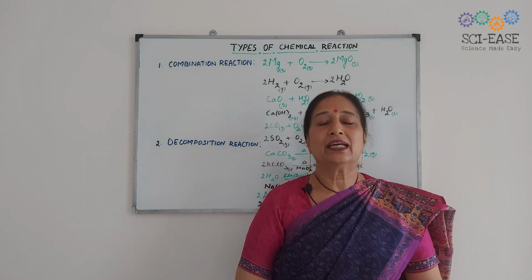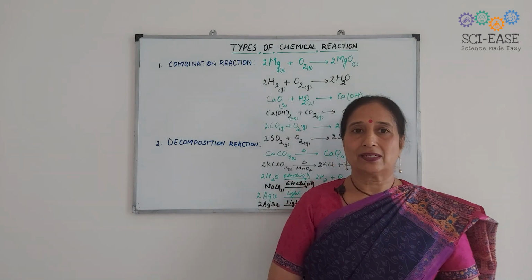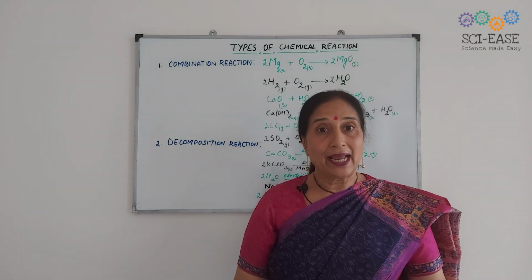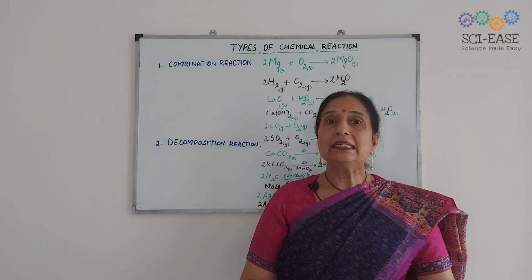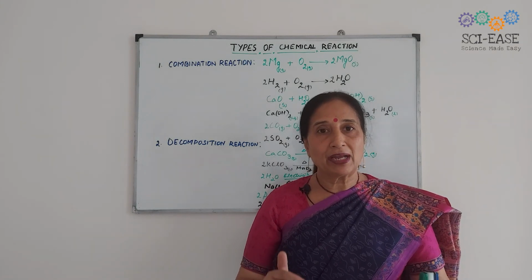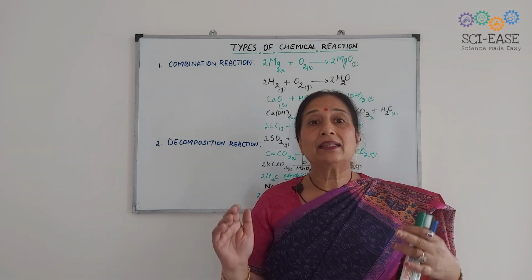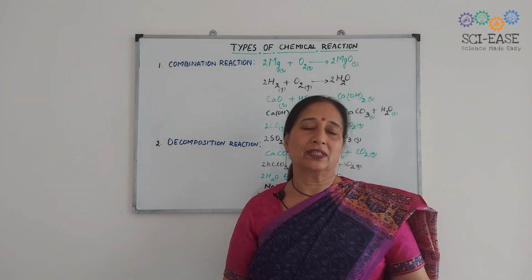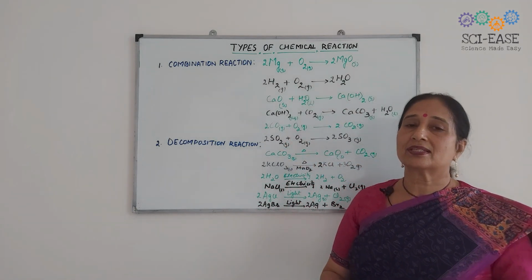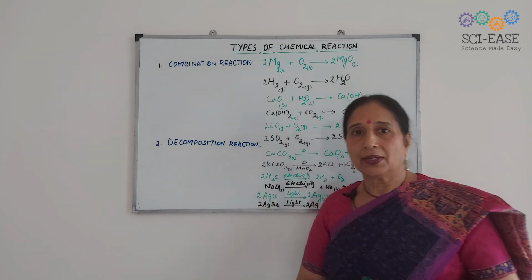And fourth one is double displacement reaction. So I will explain all these types of chemical reaction one by one. First I will tell you the definition and then various examples, various chemical reactions in this video.